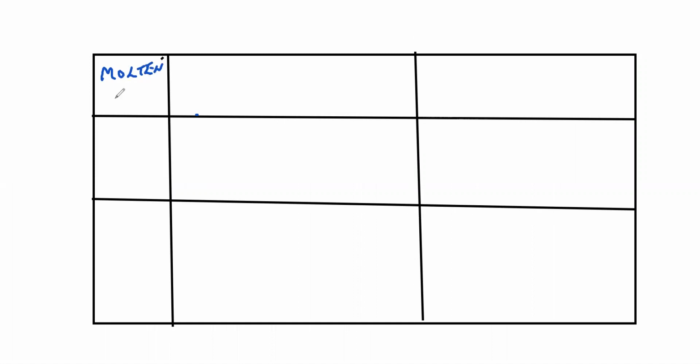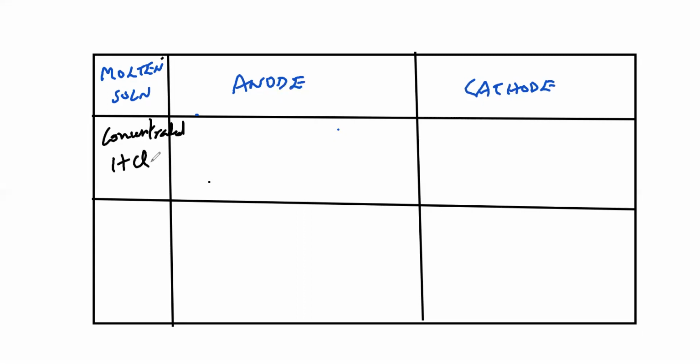Molten solution, anode reaction, cathode. Here let's take the same thing, I'll give concentrated HCl. The ions from HCl are what?